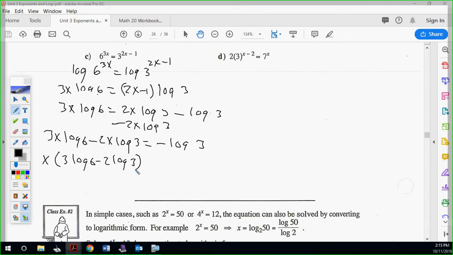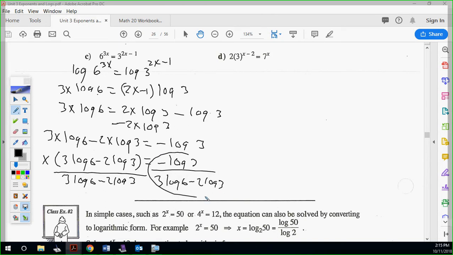We like values, right? Now the x is isolated, so what's our last step? We divide this chunk back over and leave the x here. Just like that. And now that's our exact value answer.